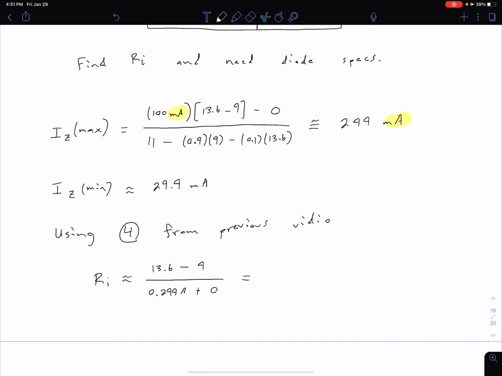Using stored values in the calculator, I get an exact value of 15.4 ohms. That would be the required value for our input resistance Ri.